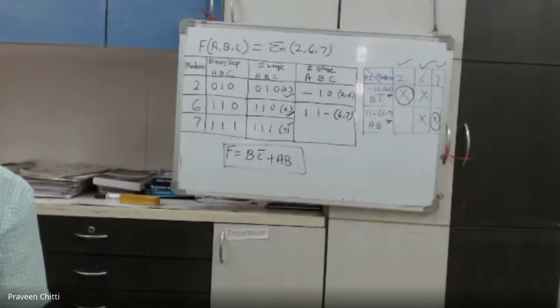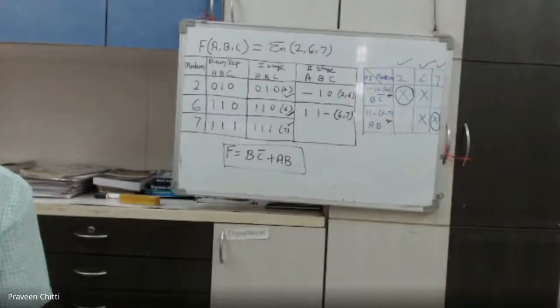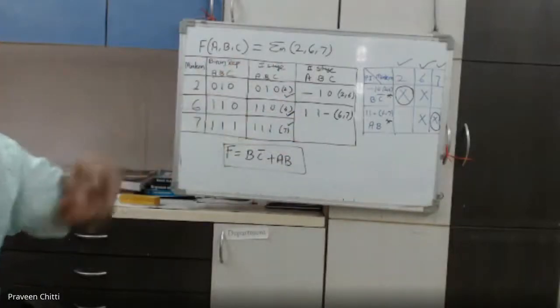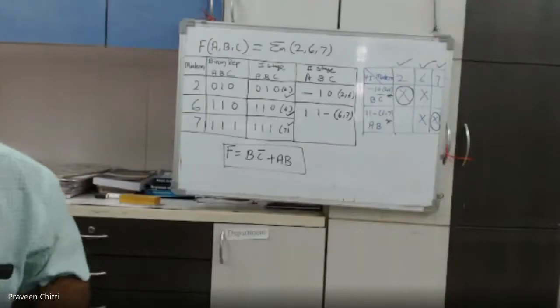Then we should encircle it. Which x should you encircle? If the column consists of only a single x, then we should encircle it. Exactly. And the row containing that encircled x is called as what? Essential prime implicant. Actually, you already have prime implicants. Out of this, you are finding which are essential ones. And to find those essential ones, you need to do the encircling of x.